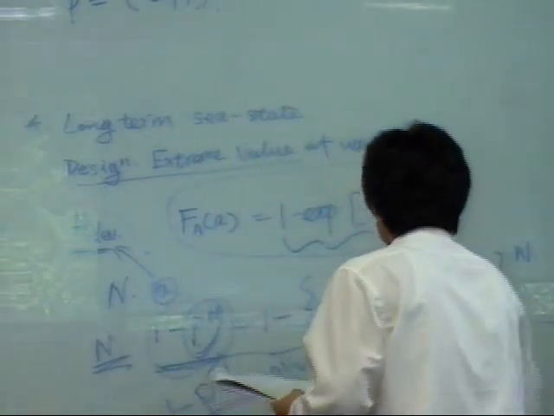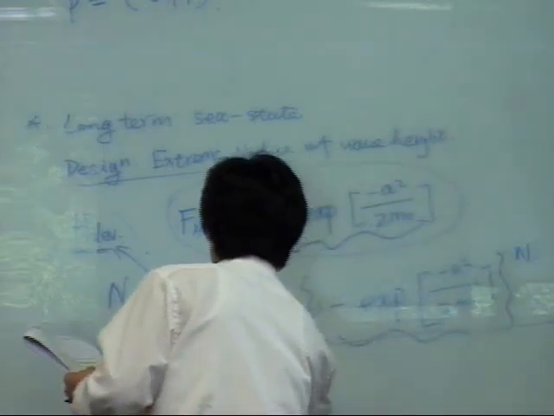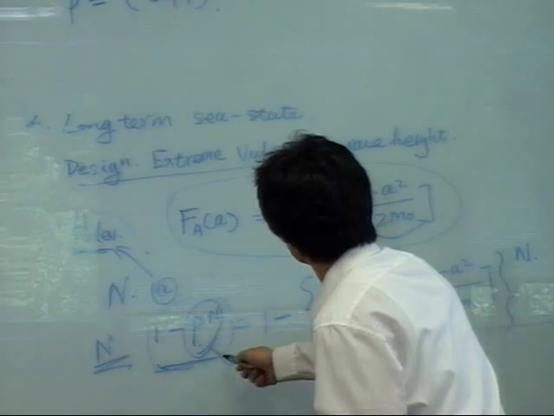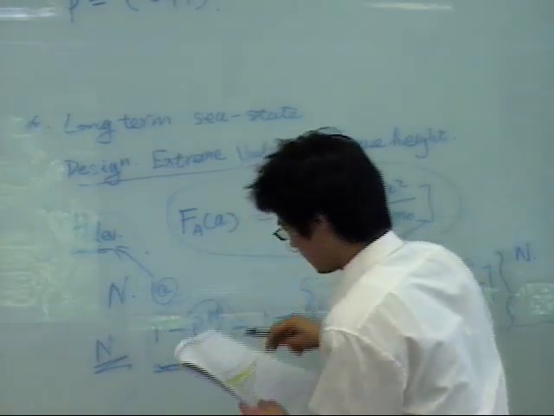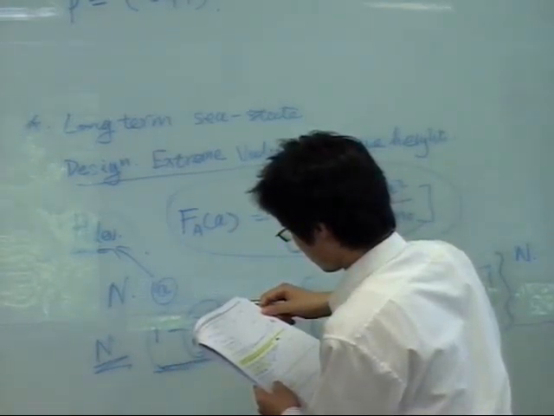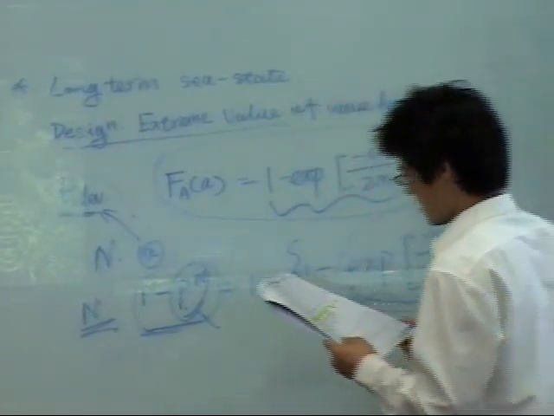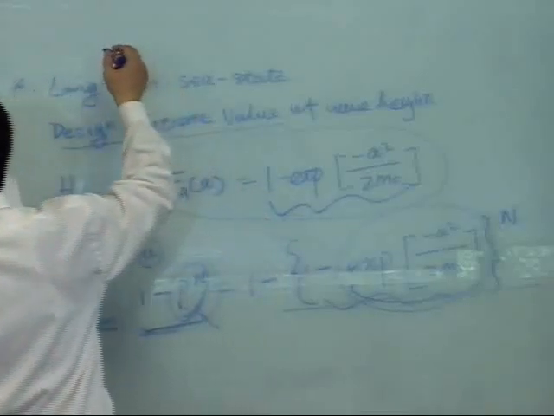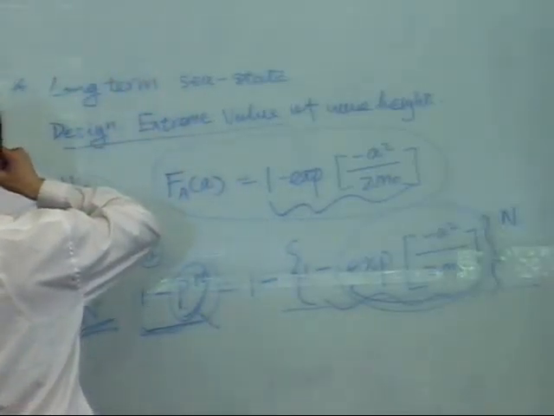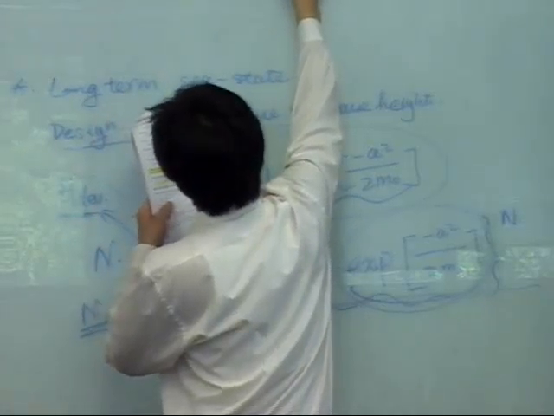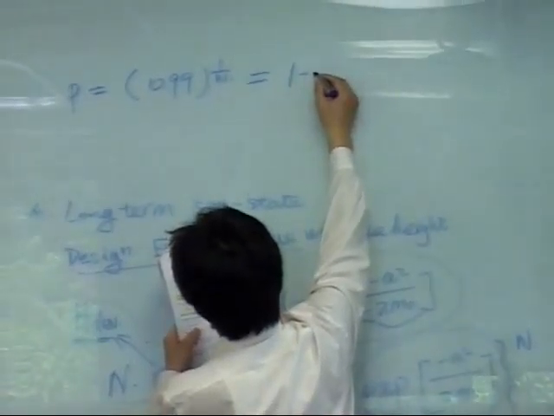And on the other hand, we know P is equal to this guy. This is the Rayleigh distribution. Okay, this guy equals to 1.